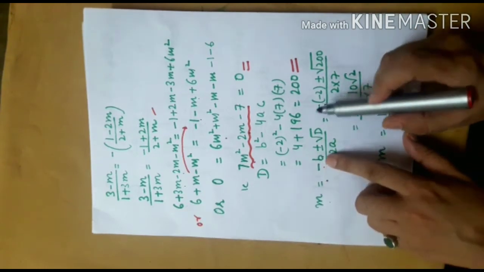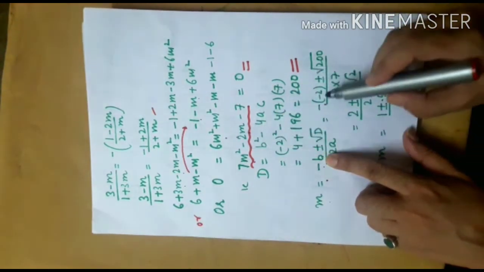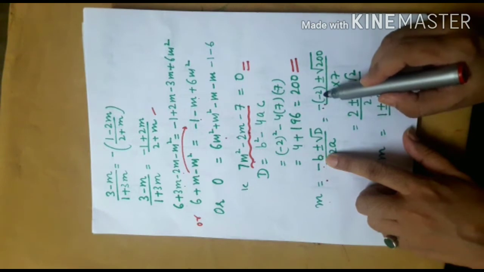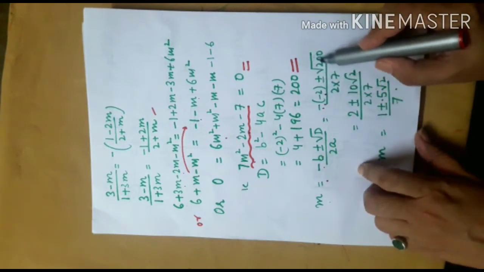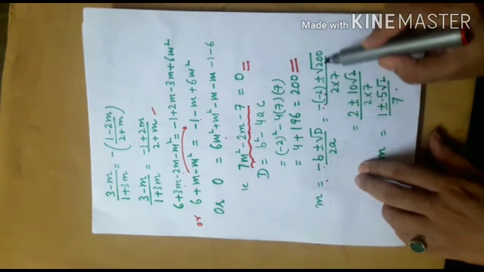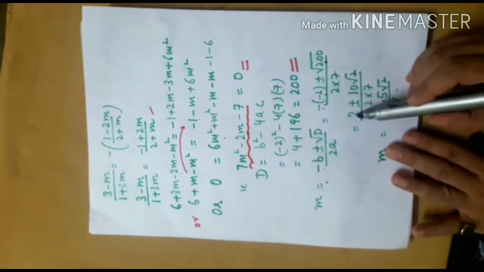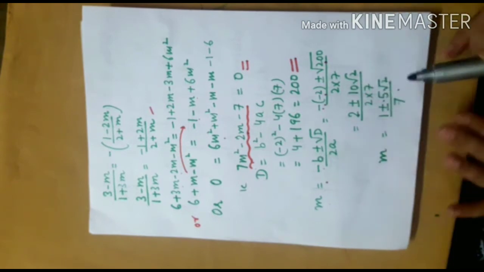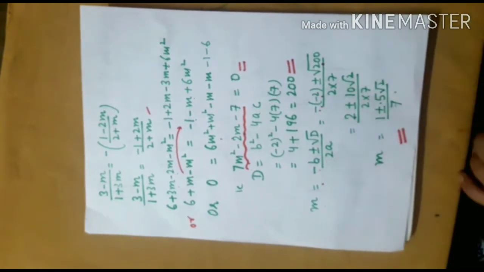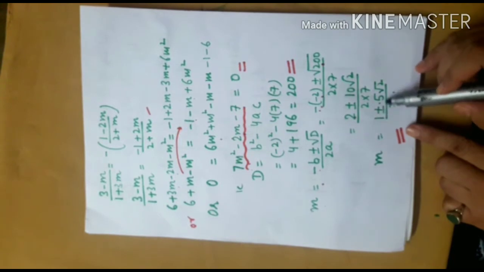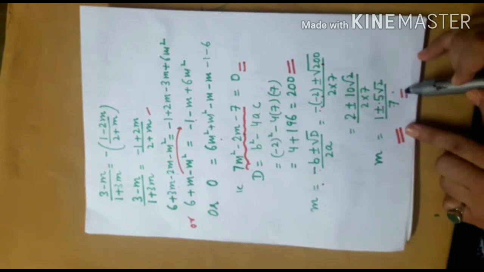Here b is minus 2, so it's minus of minus 2 plus or minus square root of 200 over 2a, and a is 7. So I'll get 2 plus or minus 10 root 2 over 2 into 7. So the value of m will be 1 plus or minus 5 root 2 over 7.